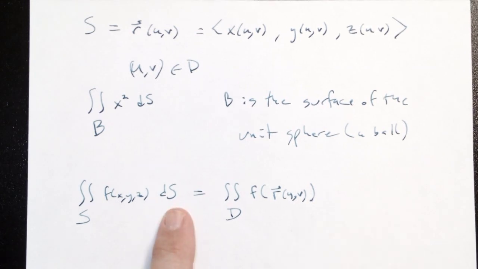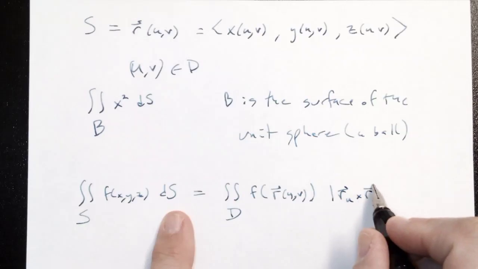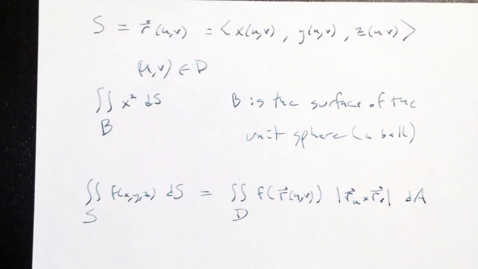What goes here? And now I'm integrating over D, where D is the description for u and v, and this dA is either du dv or dv du, depending on which way is easier.